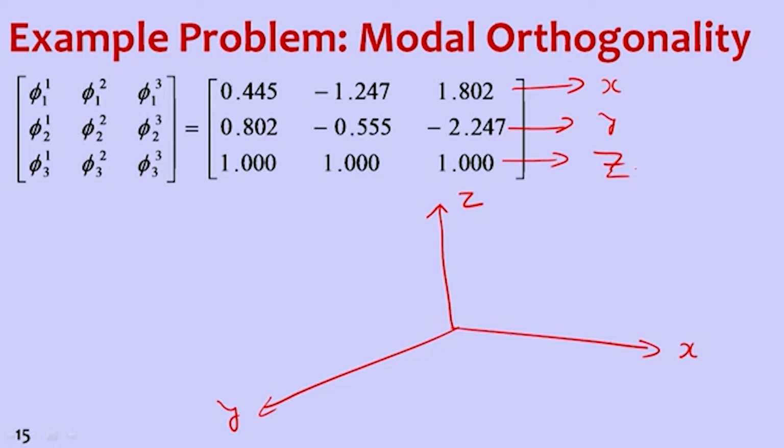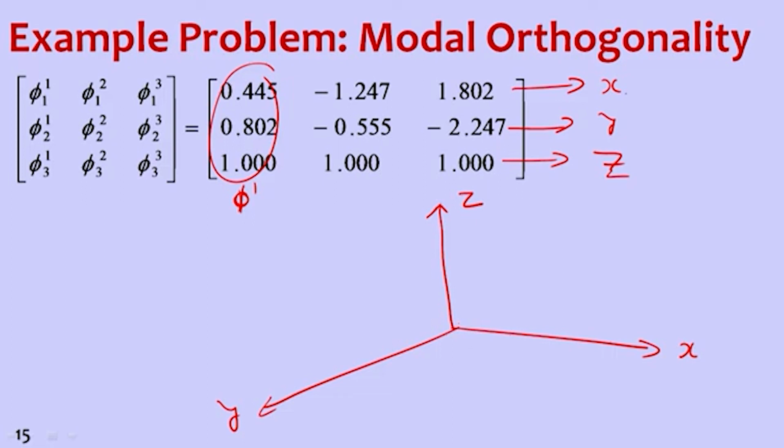Now let me plot a single point. Each vector will give me one single point. I will first plot phi 1 in space and then connect it to the origin. The origin is nothing but 0, 0, 0.